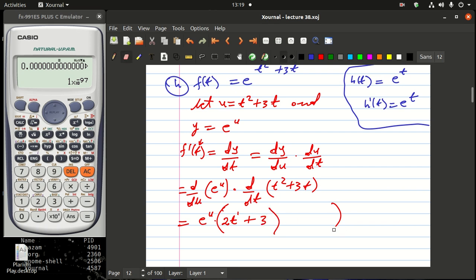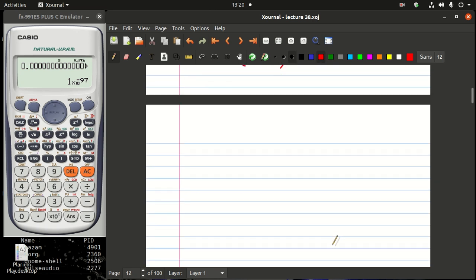Of course, still similar to some of the things we did above. And then the next thing that I just have to do, I have to replace this u by t squared plus 3t. That's all there is. So this is e raised to t squared plus 3t, and then multiplied by 2t plus 3. That's all you need to do in h.